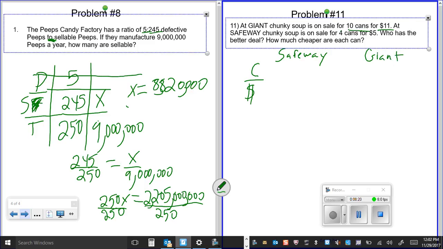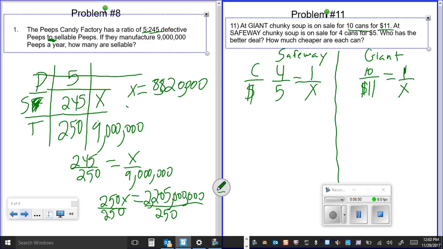All right, so for Giant, we actually get that first. We're going to do 10 cans over $11, and that is equal to 1 can over X. How much does that cost? Because we want to know the better deal, the way we find out is how much you are paying for one of those cans. If we come over here to Safeway, we're going to do 4 cans over $5, but how much are we paying for 1 can?